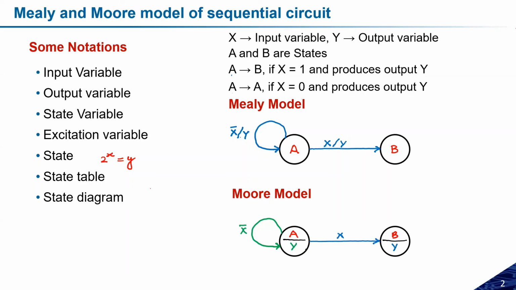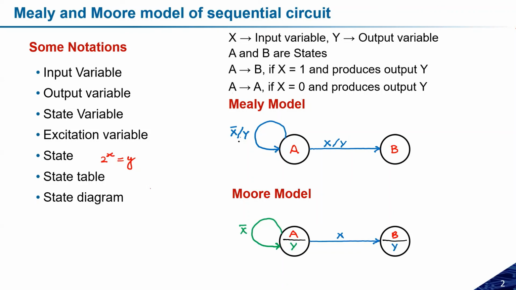Okay. So these are very important actually. Whatever input variables I have, whatever output variables I have, whatever states we have been given, and what the conditions are to switch from one state to another, based on that we can come up with the Moore model and the Mealy model, and this is how they will look. These are the different representations.